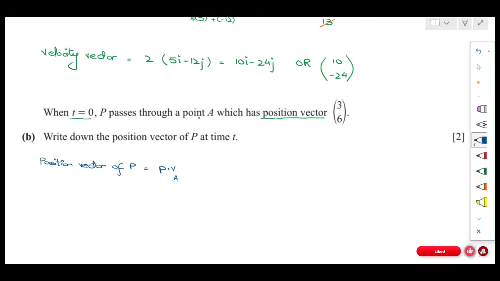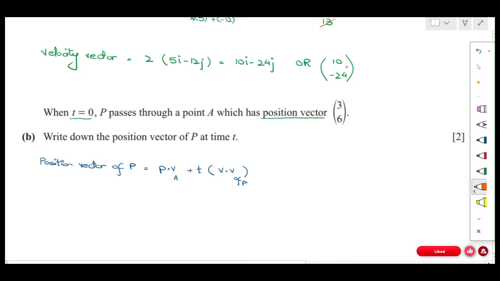So the position vector of particle P would be the position vector of A plus t times the velocity vector of particle P. This formula we have to use.